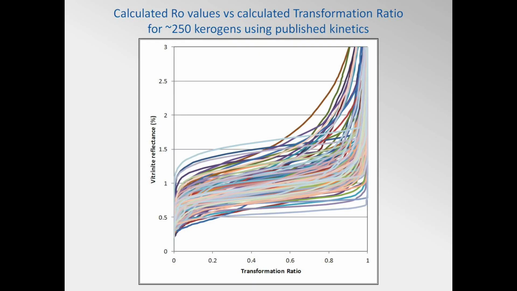distributions. This plot shows calculated vitrinite reflectance values plotted against calculated transformation ratios for approximately 250 kerogens whose kinetics were determined using the standard multi-run method with A allowed to vary freely.